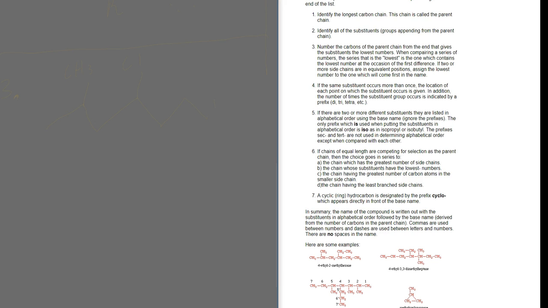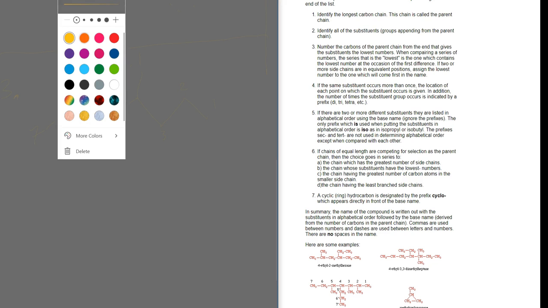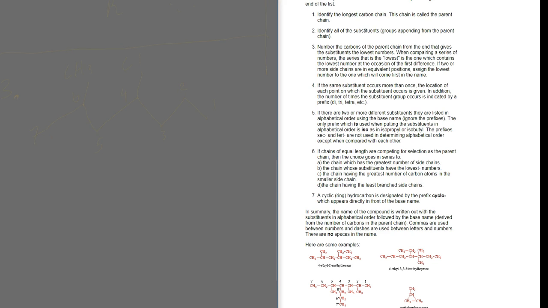So pretending we number it like this, and then numbering it the other way. 1, 2, 3. That doesn't look right. 3, 4, 5, 6, 7. Okay, so the orange one looks shorter, so this would probably be 2-methyl-4-chloro.